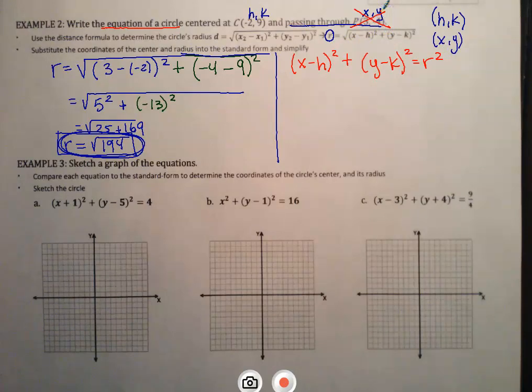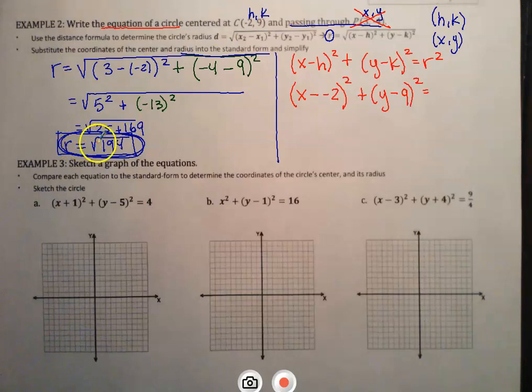We're going to leave the x and the y, just like we did above. We're just going to put in our h and our k values. So we have x minus, our h is that -2 again, so x minus -2 squared plus the quantity y minus k, which is 9, squared equals our radius squared.